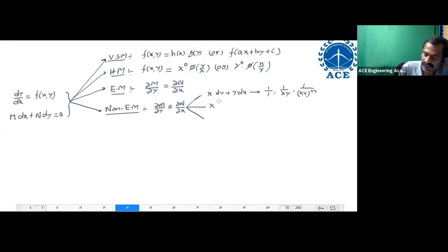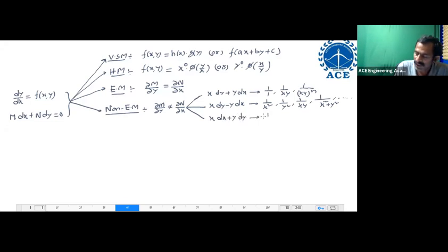The other type of inspection is x dy minus y dx. For this inspection type, the possible multipliers are 1 by x square, 1 by y square, 1 by xy, 1 by x square plus y square, and so on. Next, the other type of inspection is x dx plus y dy.